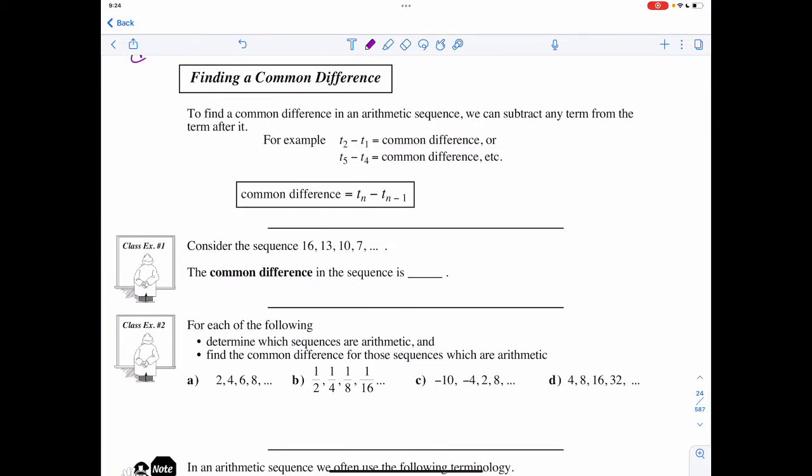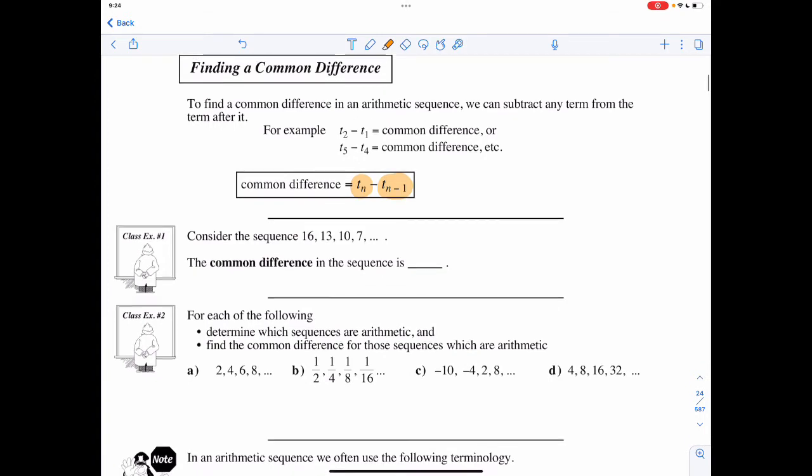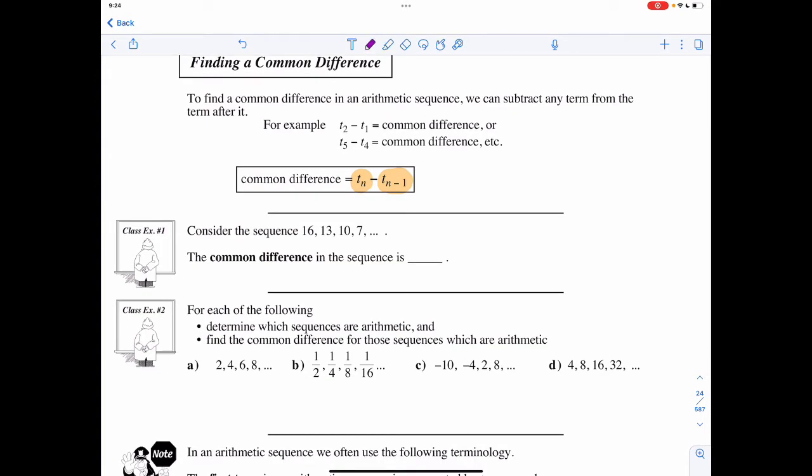So one way to find a common difference is to take any term value and subtract the term that came directly before it. If I'm looking at example 1, if I'm finding the common difference here, I could take term 2 and subtract term 1, or I could take term 3 and subtract term 2, or I could take term 4 and subtract term 3.